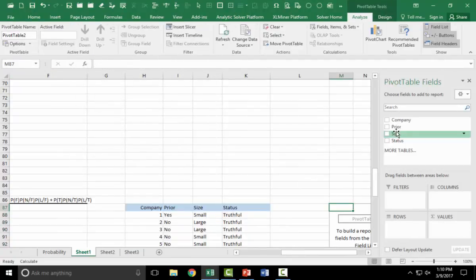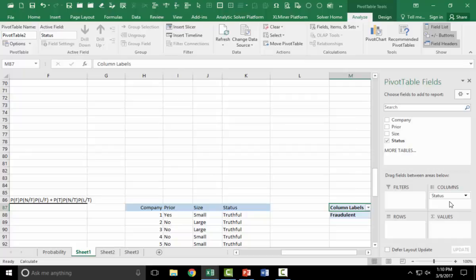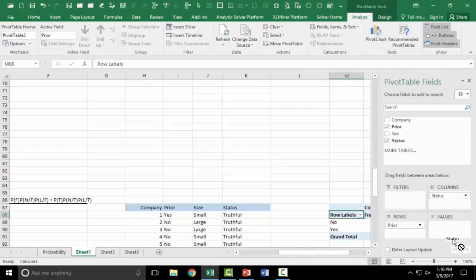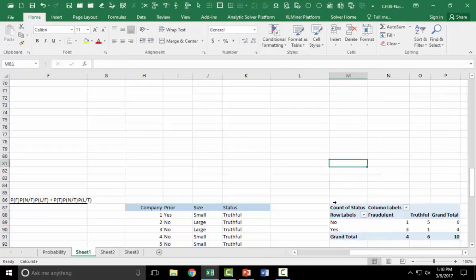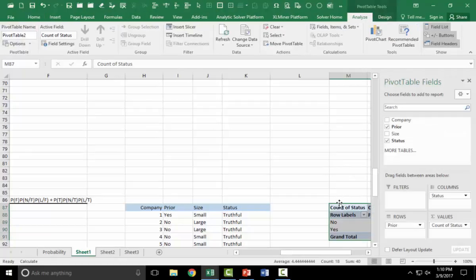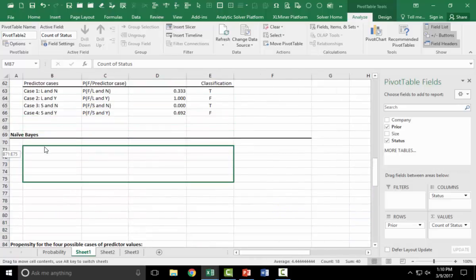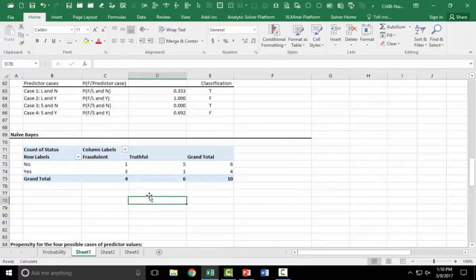Status goes as columns, and the one we want is prior legal trouble is 1. Then bring status in here, so that will give you one table that we want.